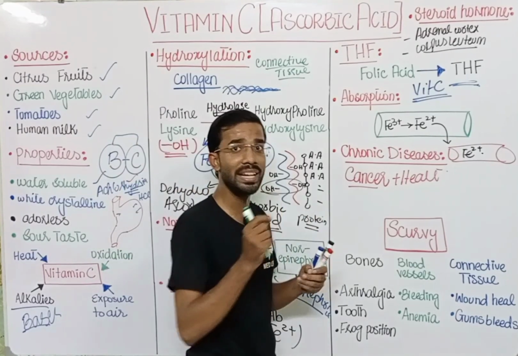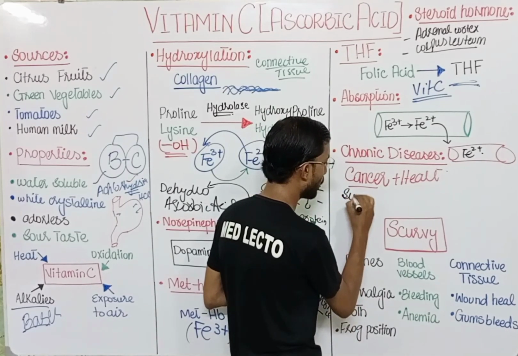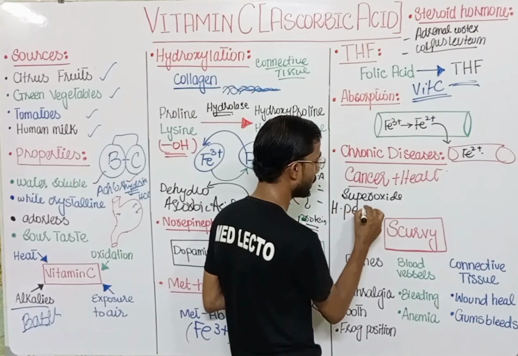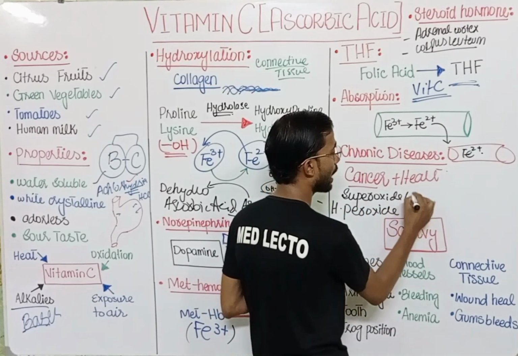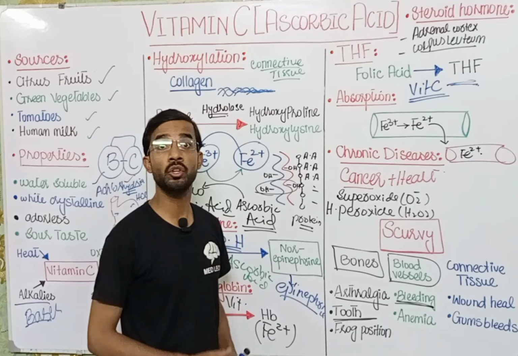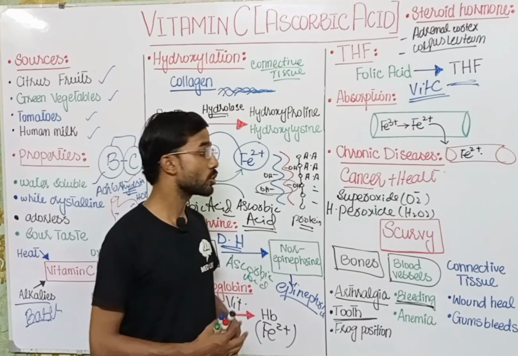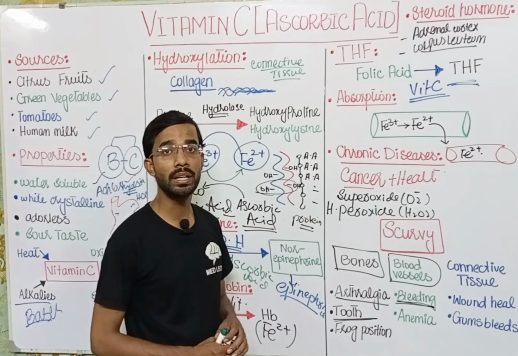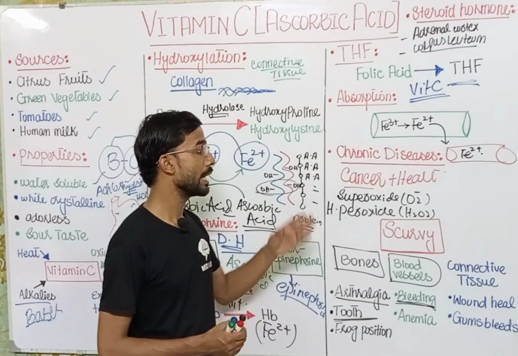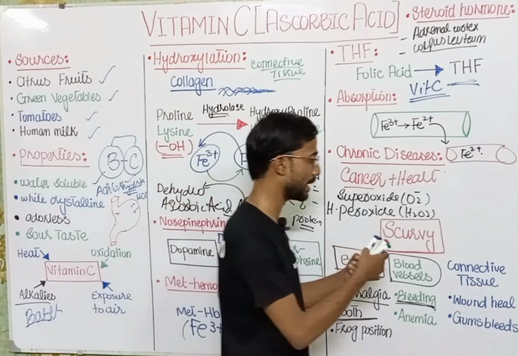Because oxygen-derived free radicals, like superoxide and hydrogen peroxide, O2 negative and H2O2, cause a lot of different diseases like cancer, lung disease, heart disease, and aging. So now free radicals have to be removed or inactivated. Vitamin C is very important as an antioxidant. It will work as an antioxidant and remove the free radicals.